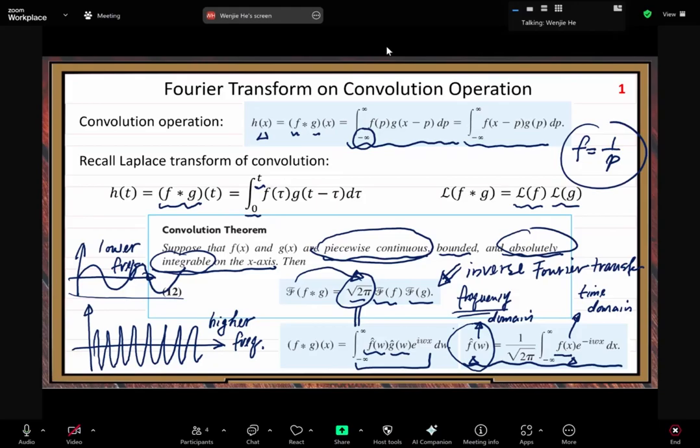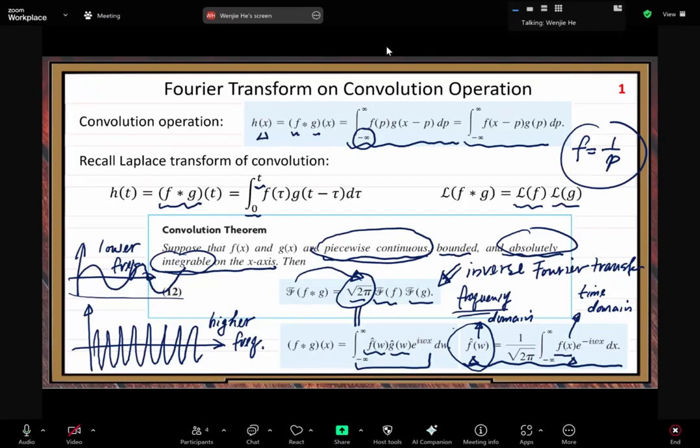In the frequency domain, we use a completely different representation to represent the original function. Because then the benefit is obvious. When you do this, people may ask, what's the benefit?